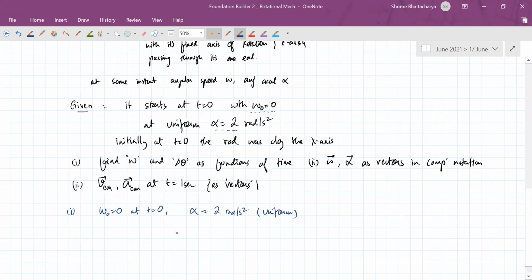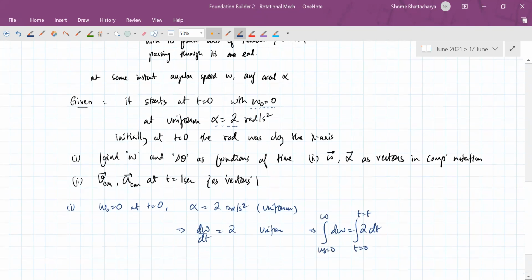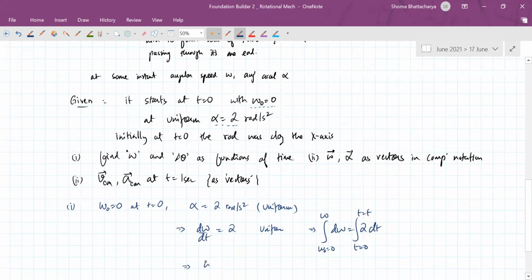This means the rate of change is uniform. So whether you integrate or you just directly understand that uniform rate of change means linear function. At t equal to 0, initial angular speed is 0, at t equal to t, angular speed is omega. So omega becomes equal to 2t radians per second at time t. This is the angular speed as a function of time.